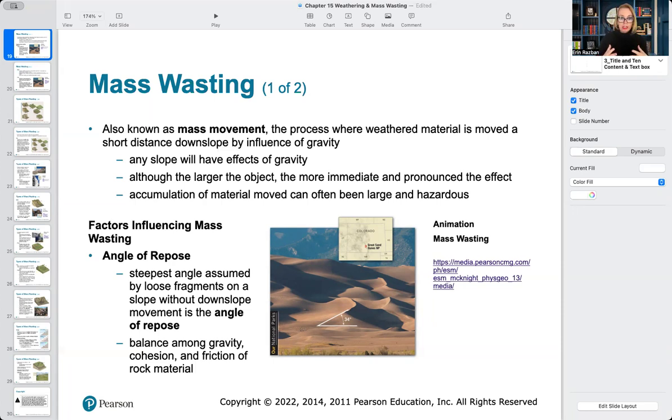This angle varies with the nature and internal cohesion of the material. For example, dry sand has an angle of repose of about 30 to 35 degrees. Wet clay can maintain much steeper angles due to its cohesive properties. Angular rock fragments can stack at steeper angles than rounded pebbles.